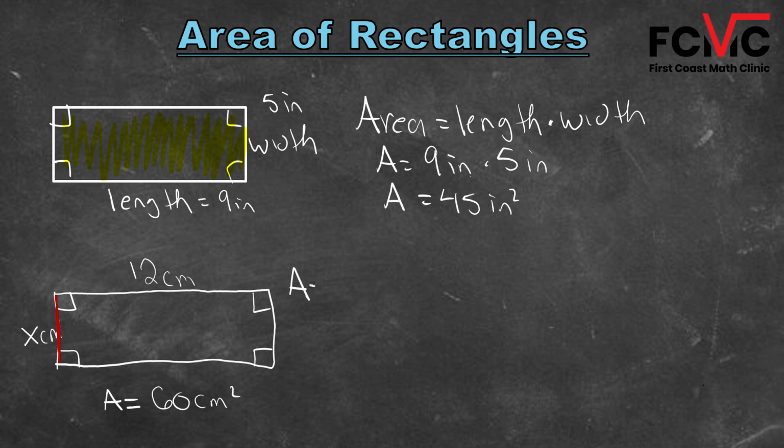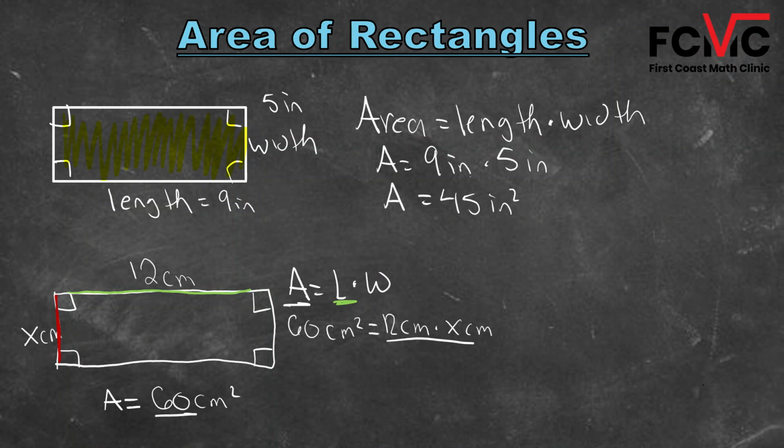Well, we can use our area formula. Area equals length times width. We know our length is this 12, right? So that's going to be our length. And we know our area is 60 centimeters squared. So we could have 60 centimeters squared equals 12 centimeters times X centimeters.